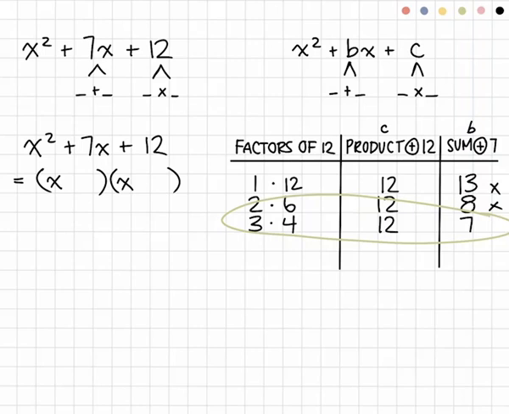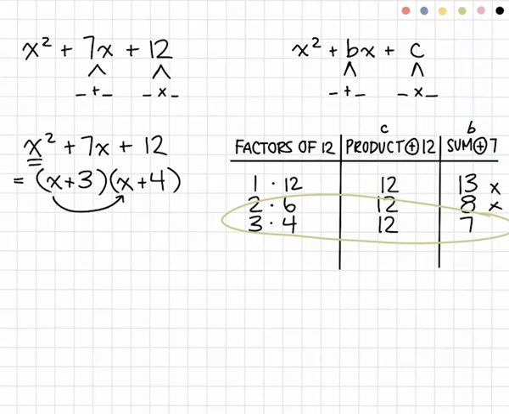Because if I were to expand it, I would get x squared. We already determined that we're working with positive numbers only. And the factors that I discovered were 3 and 4, right? And if you're not sure this is correct, you can go ahead and use the distributive property.